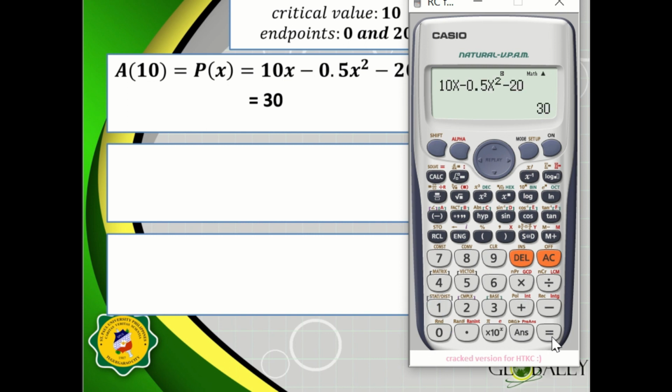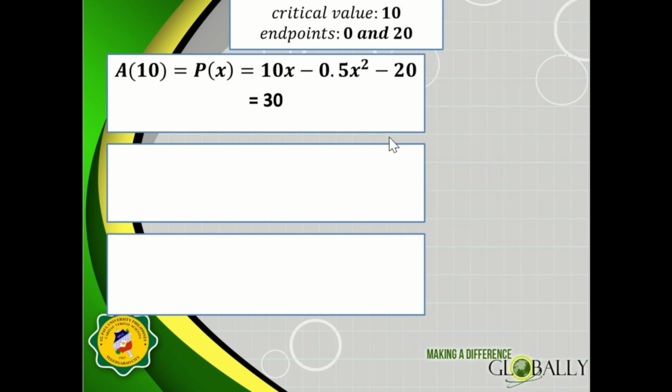So that's it, it's 30. How about when the value of x is 0? Let's substitute 0 into this equation and this will give us negative 20. You can check your calculator to verify the answer.